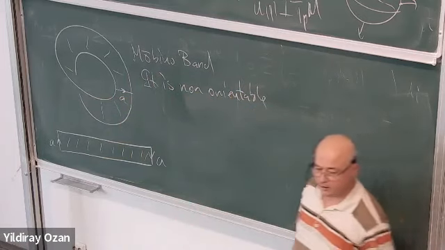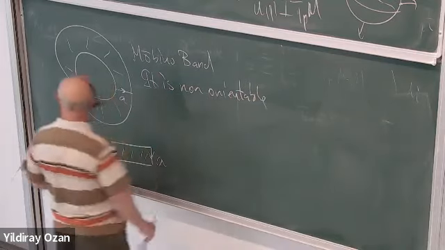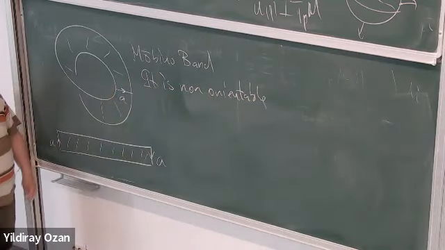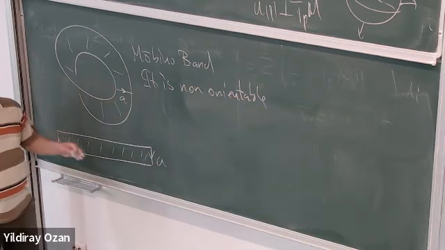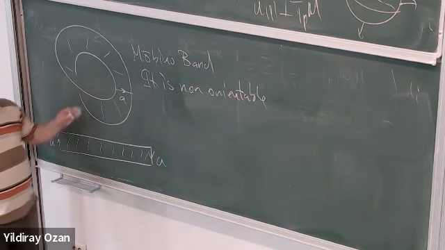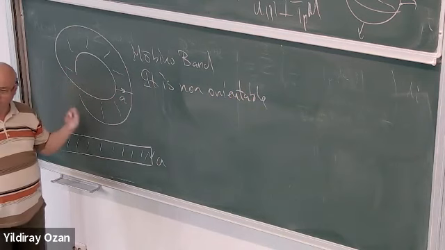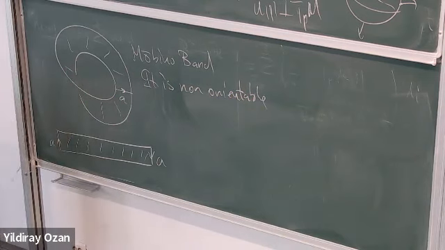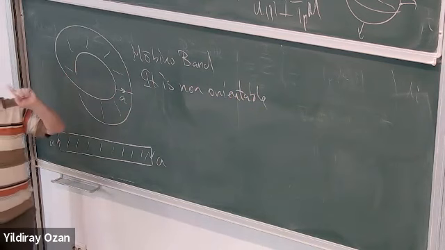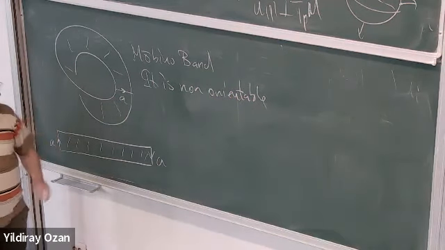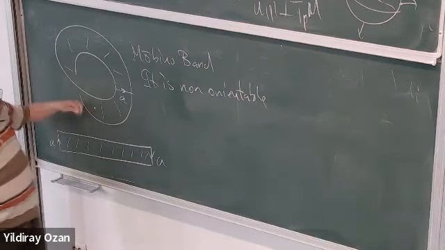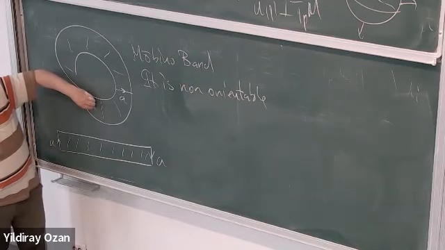Proof is not that easy, but you can see why it is not orientable. Suppose it is orientable, then there should be a vector field which is perpendicular to the surface at all points, and that vector field should be continuous. Well, at this point, if it is perpendicular, then it should be like this, right?